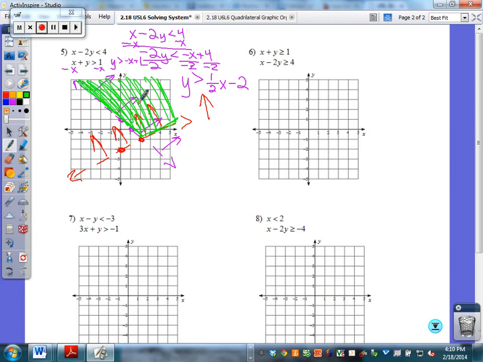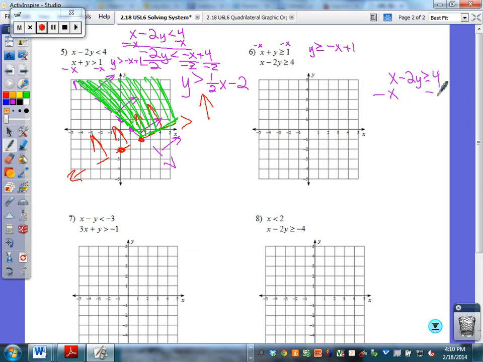Okay, we'll do one more, and that should be sufficient to take you the rest of the way through the homework. The next one here, put this in slope-intercept form. We're going to subtract the x from both sides, so we get y is greater than or equal to negative x plus 1. Same thing here, we'll rewrite this equation.